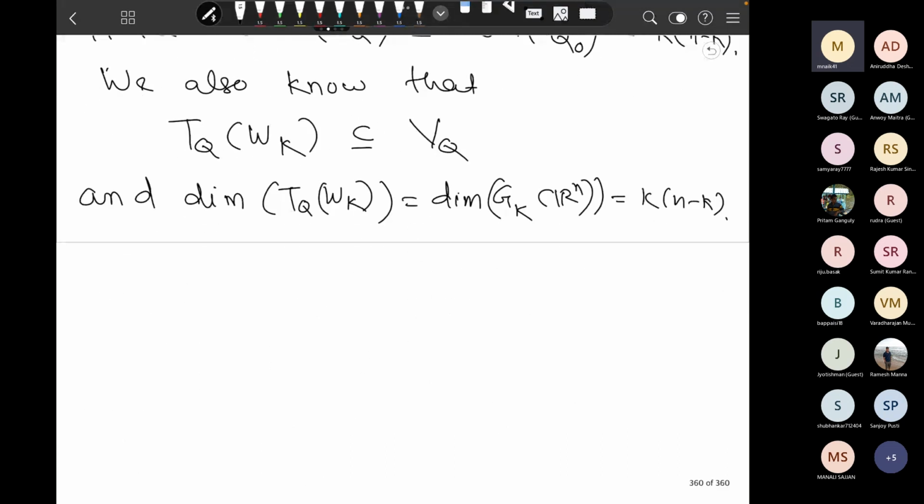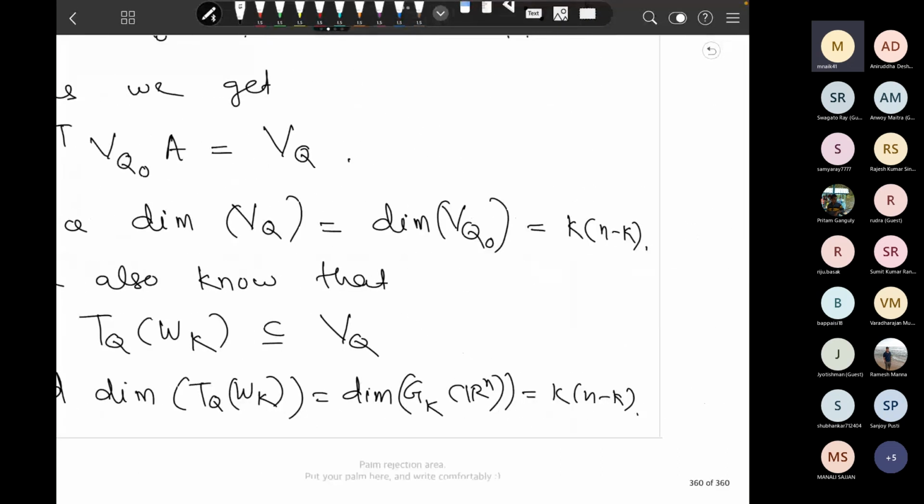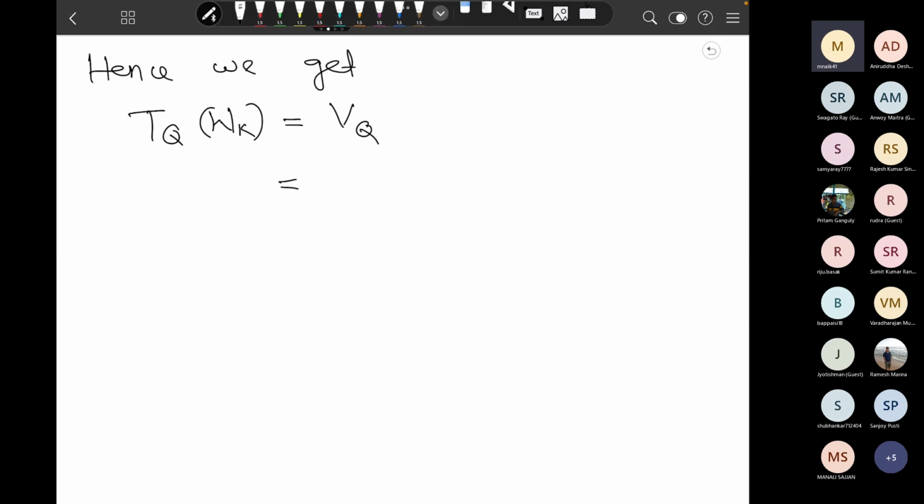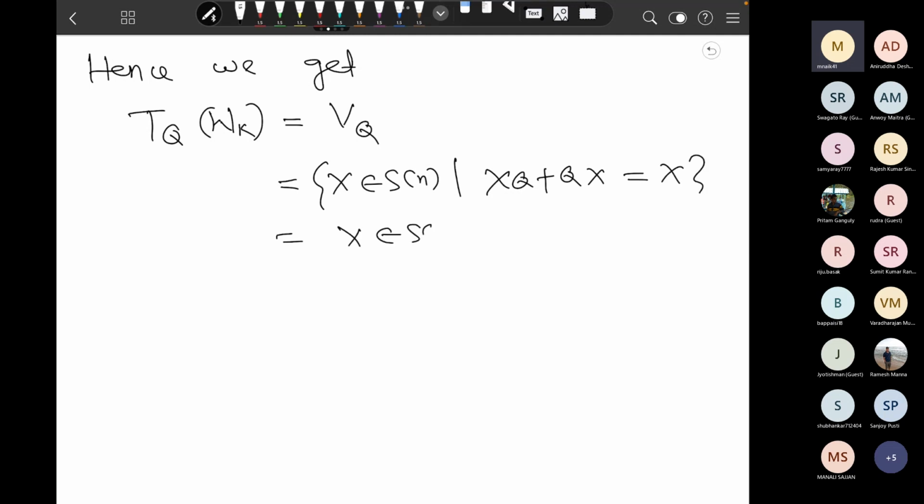So hence we will get this T_Q W_k is equal to BQ. And this BQ is something like X belongs to Sn, so that XQ plus QX is equal to X.